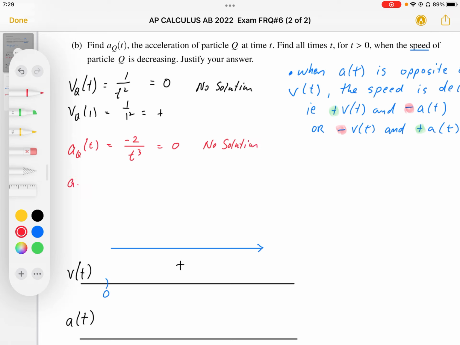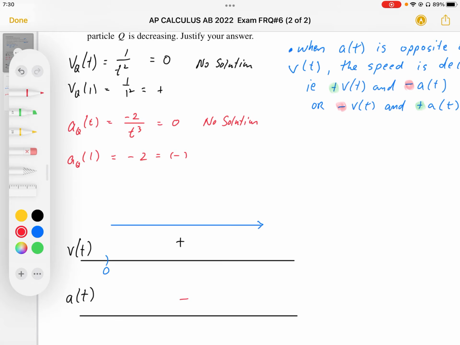So then we can just show that by testing a point, and we have negative acceleration for the whole time. When t is equal to 1, it's equal to negative. So we know that we have negative acceleration. So we know that it is accelerating the whole time to the left.